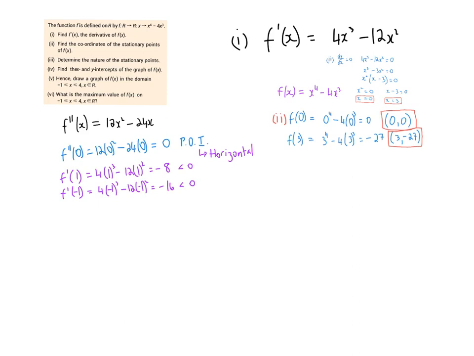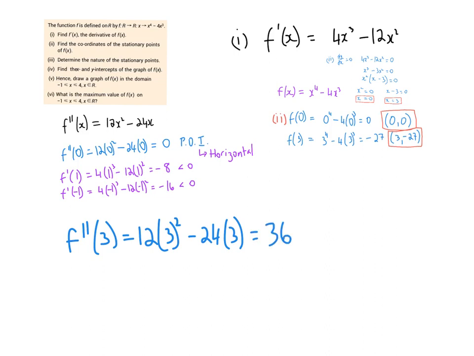So we have f double dash of 3 is equal to 12 times 3 squared minus 24 times 3. So that's going to give us a value of 36, which is greater than 0. So it is, as we thought, a local minimum point.